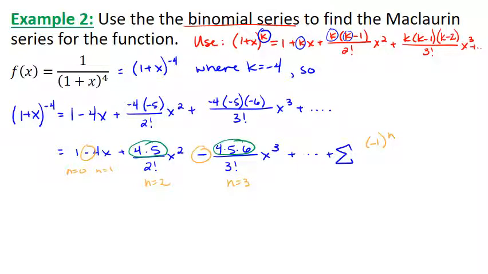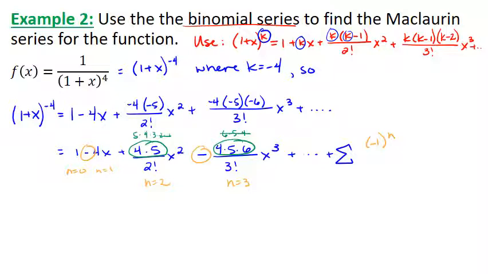Well, to me, this kind of looks like 6 factorial or 5 factorial, right? Because this would be 5 times 4 times 3 times 2 times 1, but there's some stuff missing. And then here this would be 6 times 5 times 4 times so on and so forth, but there's some stuff missing. So how can we represent these factorials?